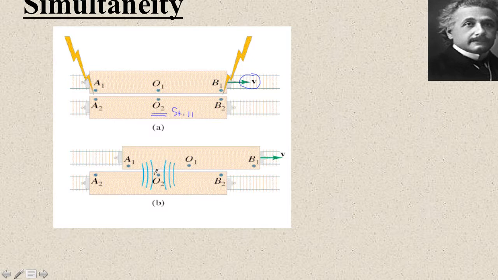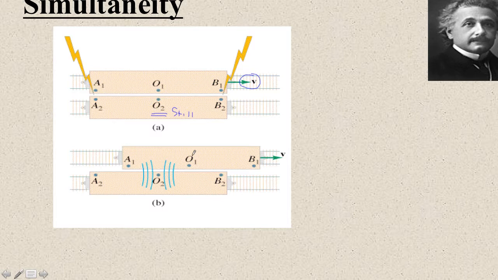And they also observe the pulses as traveling the speed of light, because of course light always travels the speed of light, regardless of the motion of the source or the observer. In this case, since it's simultaneous for this frame of reference, we see the pulses at the same time. They're traveling the speed of light. They had the same distance to travel, and therefore they happened at the same time. We can conclude nothing else but that.